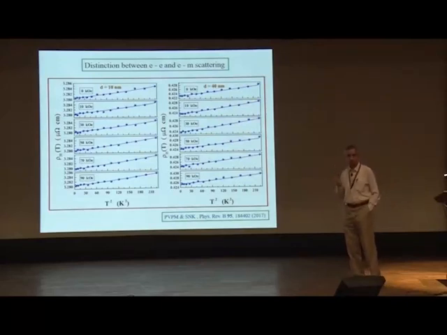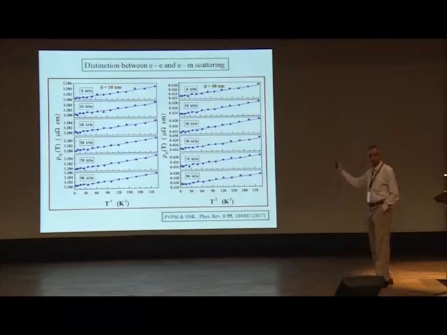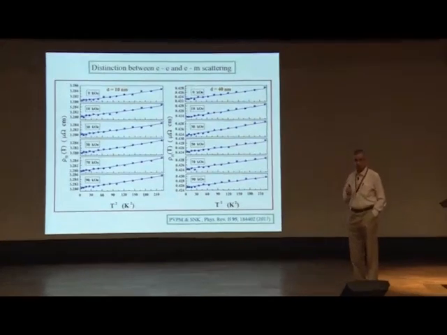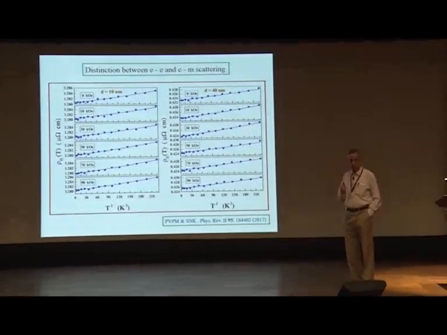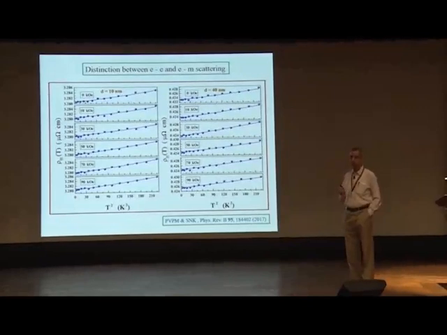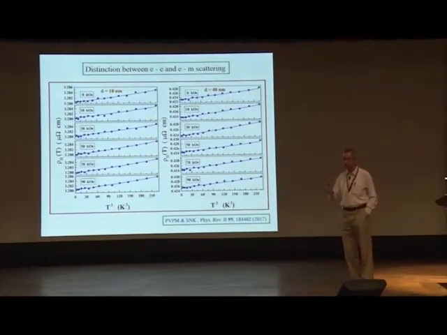But technically, electron-electron scattering accounts completely for the residual and the intrinsic resistivity up to about 10 Kelvin. Above that, phonon scattering also starts picking up. Okay, that has to be taken into account to get the full picture.